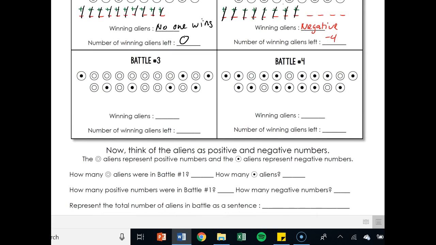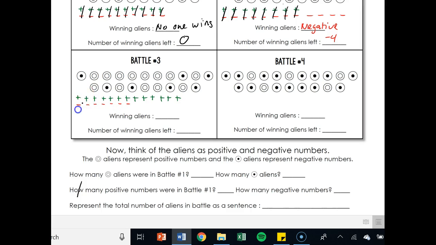Look at battle 3. All right, so let's count the positives. We got 13 positives this time, and then we have 7 negatives.